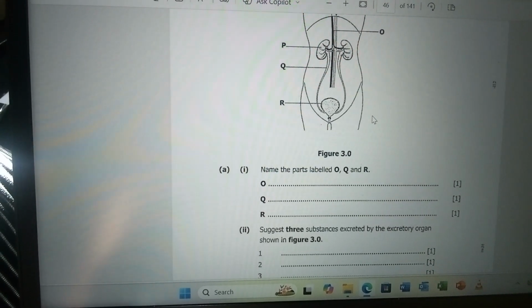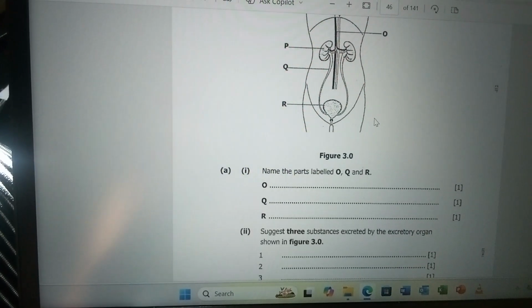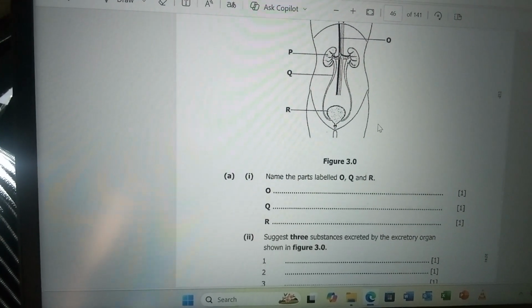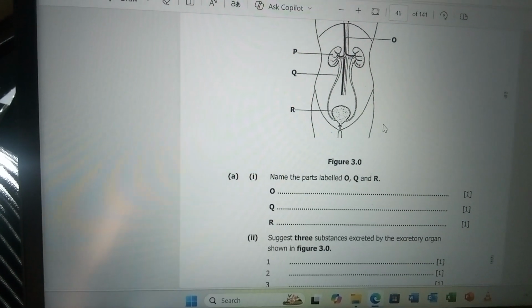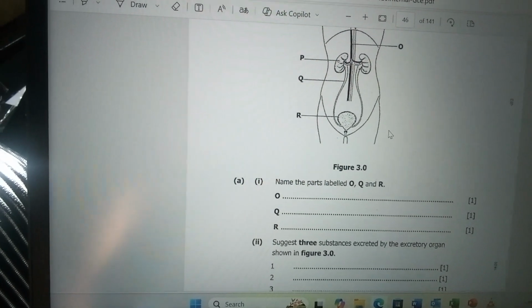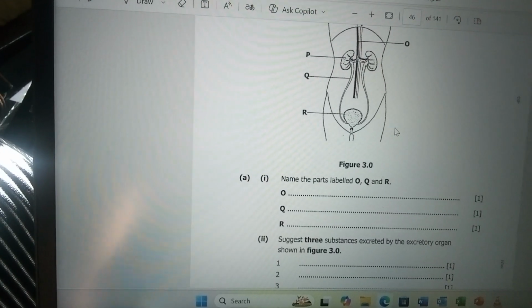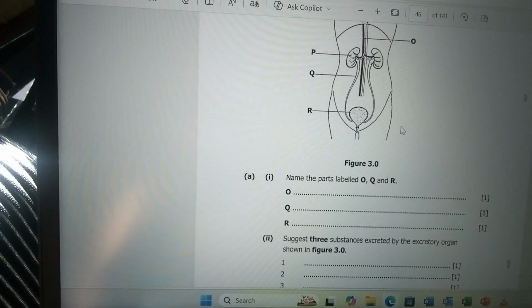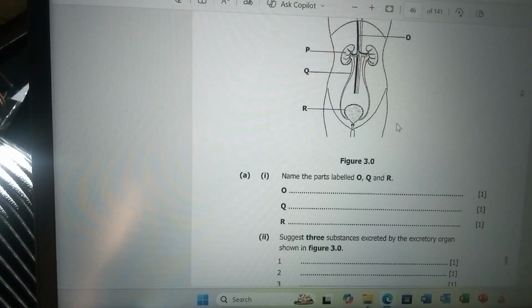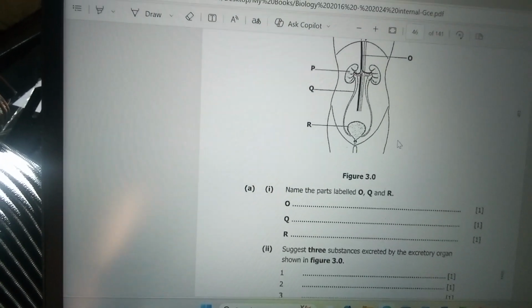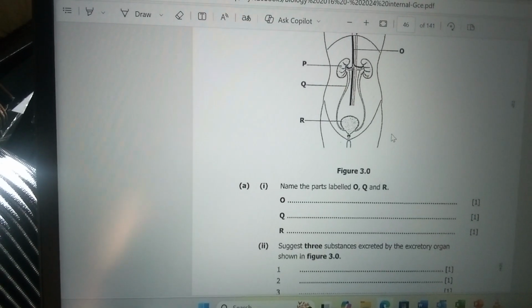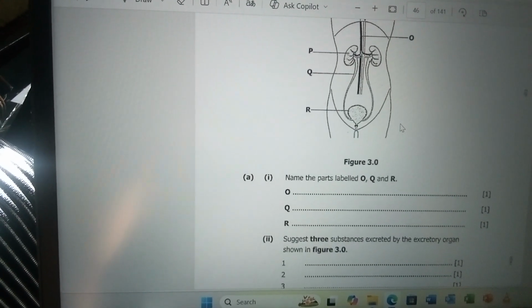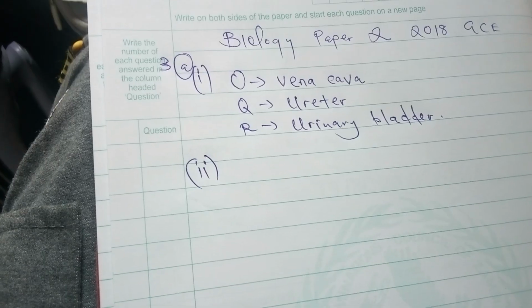Under excretion, waste products like excess water, excess salt and urea are excreted from the body through urine, because urine is a mixture of urea, excess water and excess salt. So from there we can answer question 2.